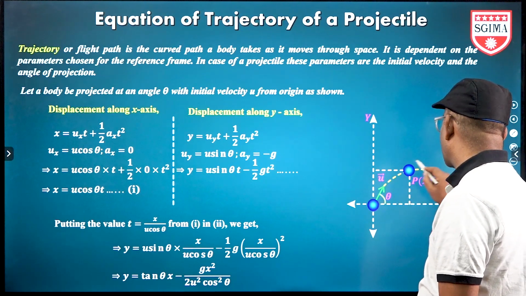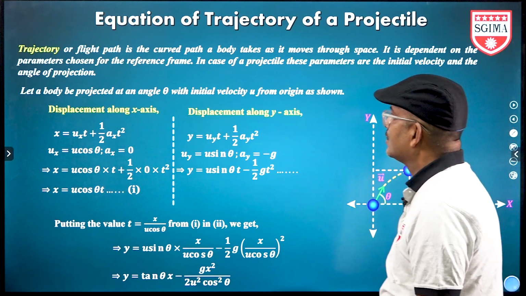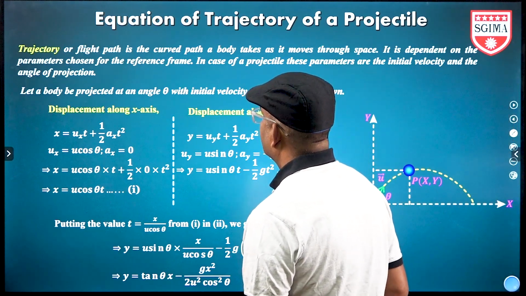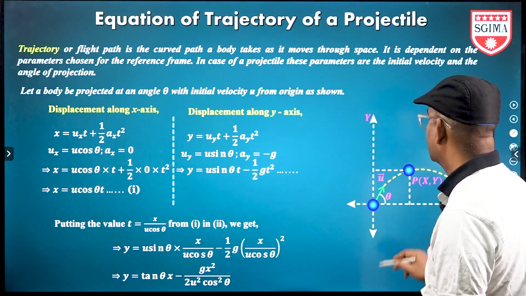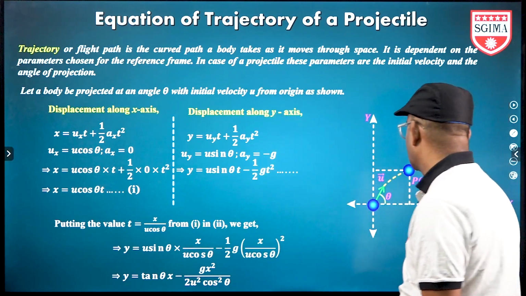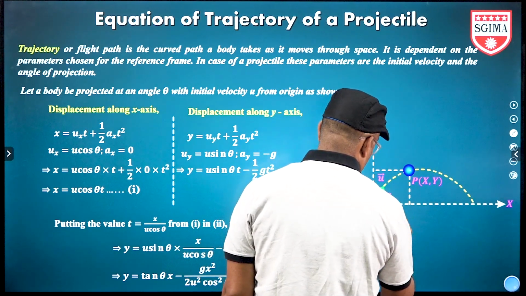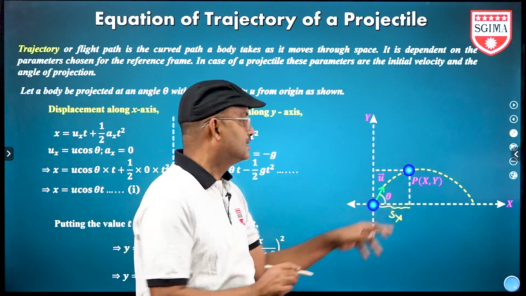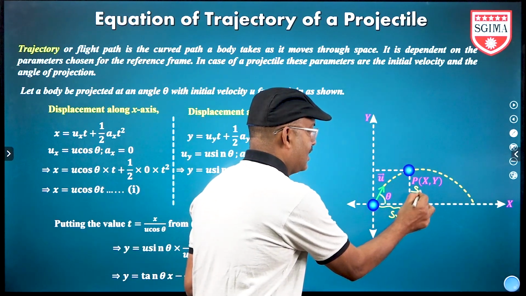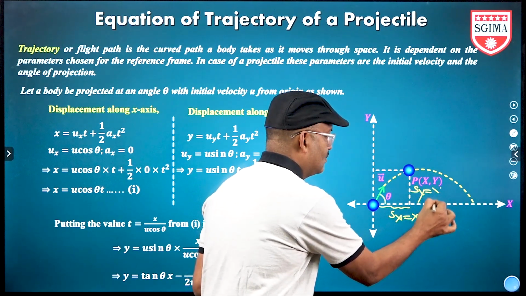I have to find this path equation. So let a body be projected making an angle theta with velocity u. The body reaches this point, this is Sx, this is Sy. I am saying that Sx is equal to x, Sy is equal to y.